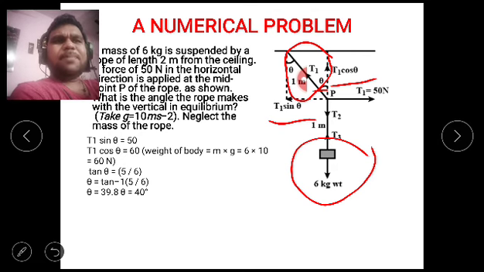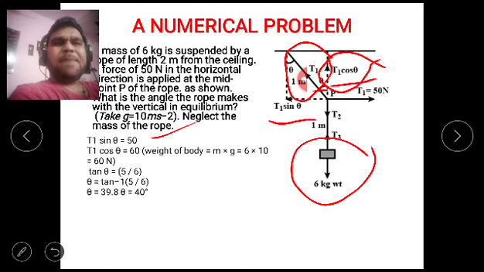And the other component, T1 cos theta, will be equal to mg.